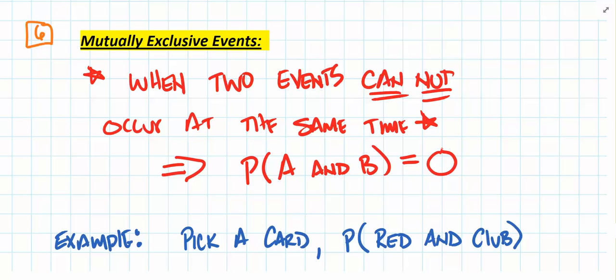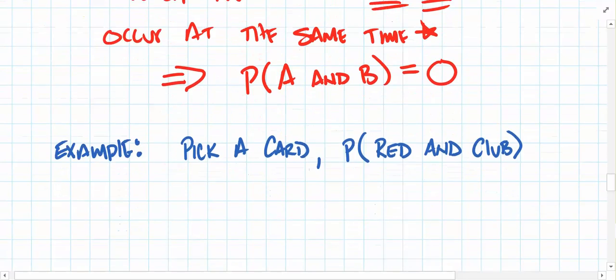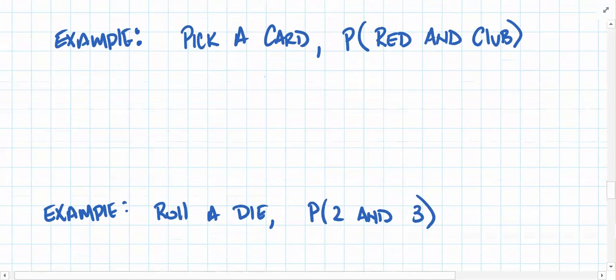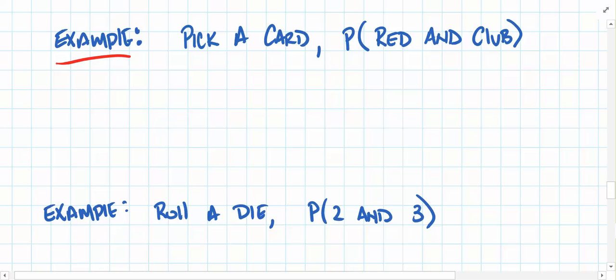Let me give you some examples of mutually exclusive events. Example number 1: you're going to pick a card. What's the probability that that card is red and a club? That's 0. Why would we classify this as mutually exclusive? Because clubs are black, right? So it is impossible to pick one card and have it be red and a club at the same time.